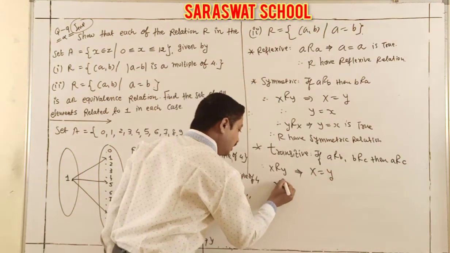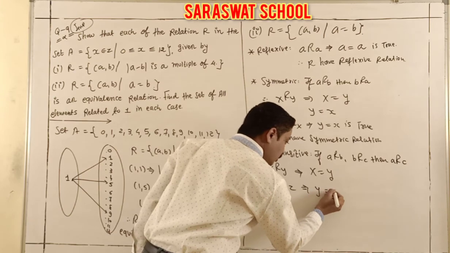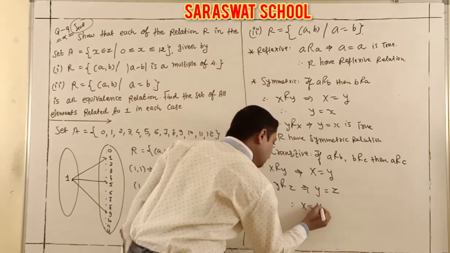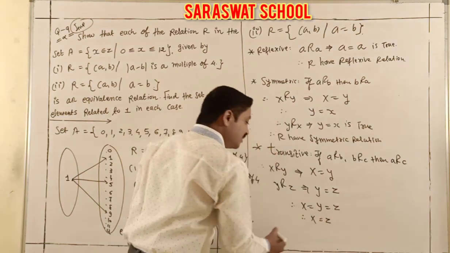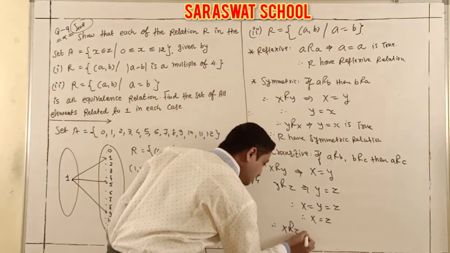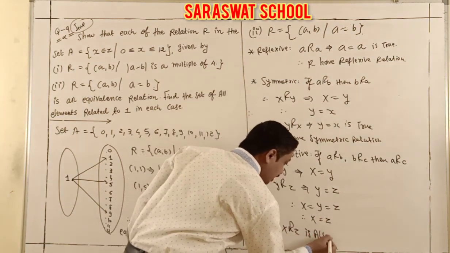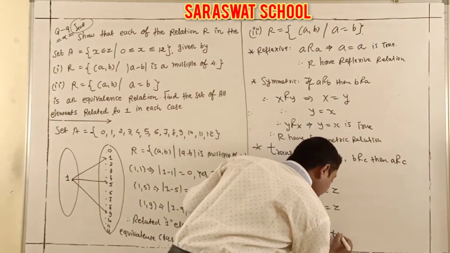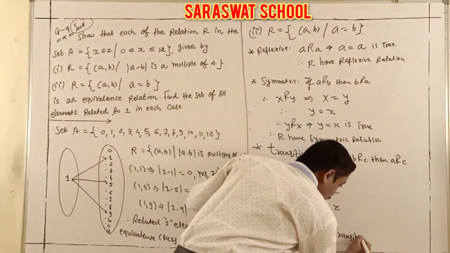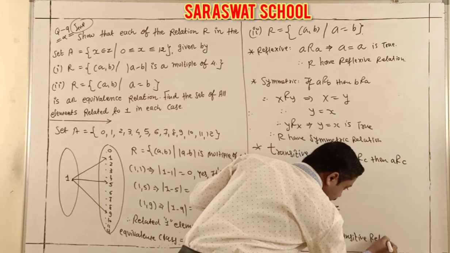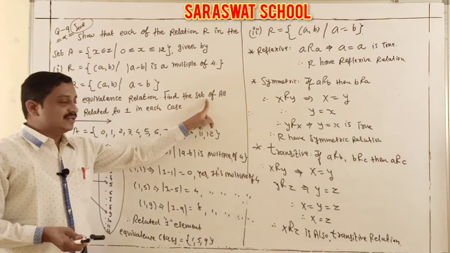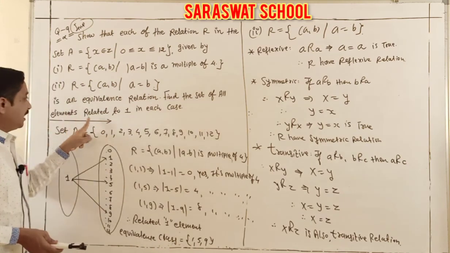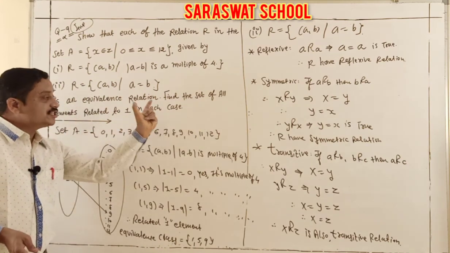Next, y relation z, this means y is equal to z. So x is equal to y is equal to z. It means x is equal to z. It means x relation z is also true, which is called transitivity. Transitive relation.